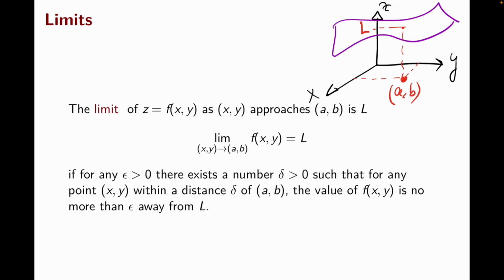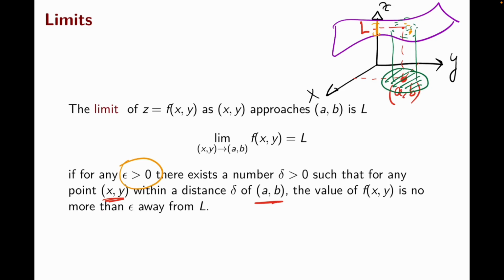if we take any point (x, y) close to (a, b), what this is going to mean is like a ball around (a, b). If we take any point in this neighborhood and we look at the images of these points, what has to happen is that these points really end up in a neighborhood of L of distance no more than epsilon.